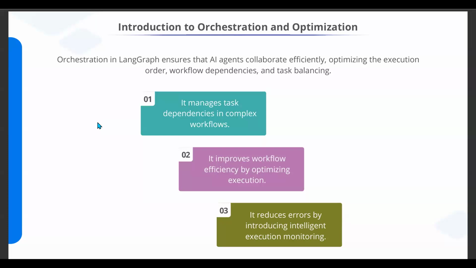And coming to the third point, it reduces errors by introducing intelligent execution monitoring. In large AI workflows, things can fail, like an API failure, missing data, hallucination, or a timeout. So LangGraph can monitor the execution.